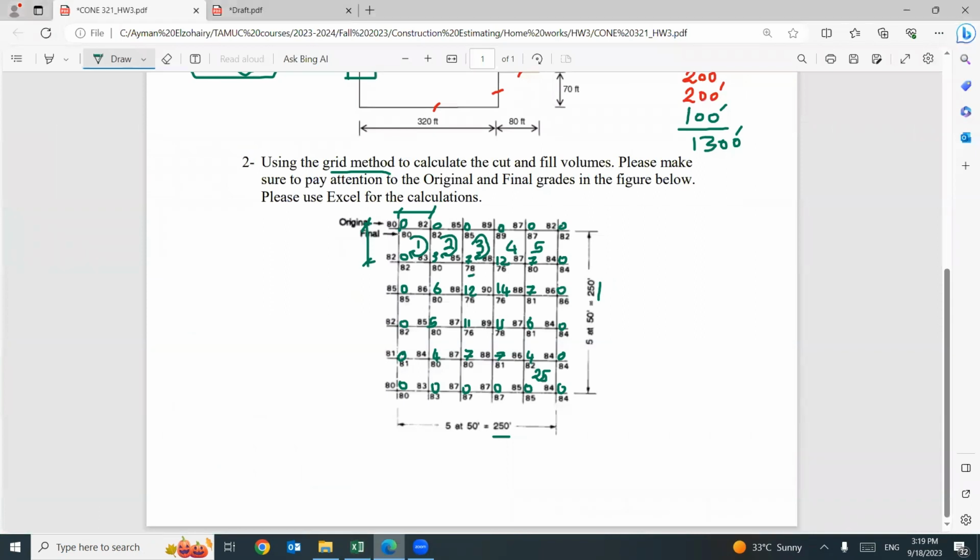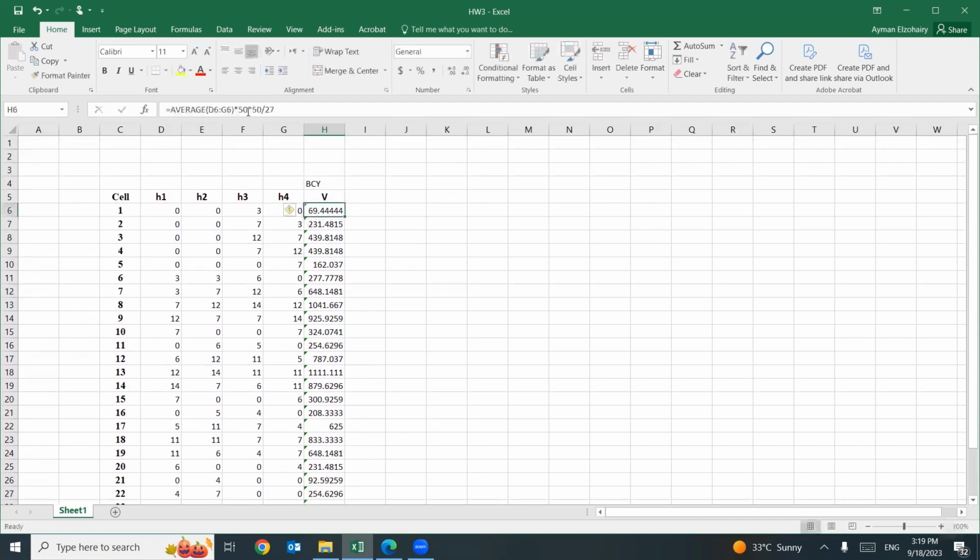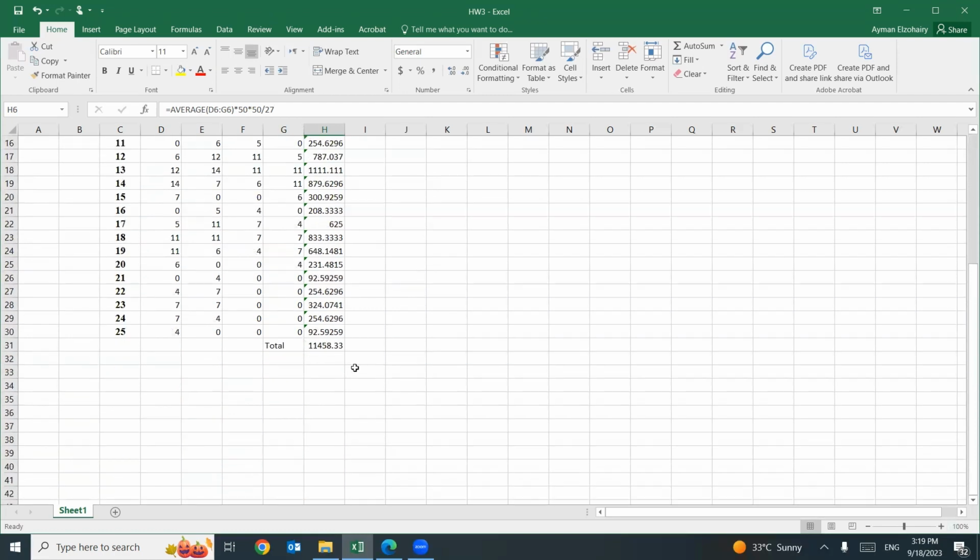It's very easy. We covered this before in a previous video. So this one will be cubic feet. If you would like to get it in, no, I'm sorry, this one is in cubic yard, because I divided each volume for each cell by 27. If you make sum, it will be bank cubic yard.